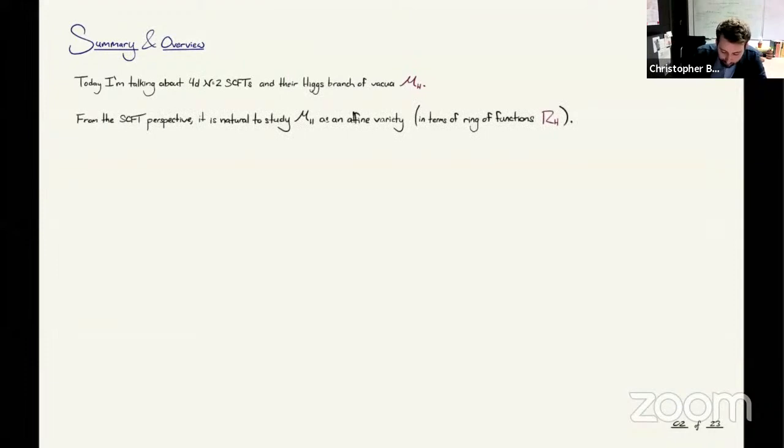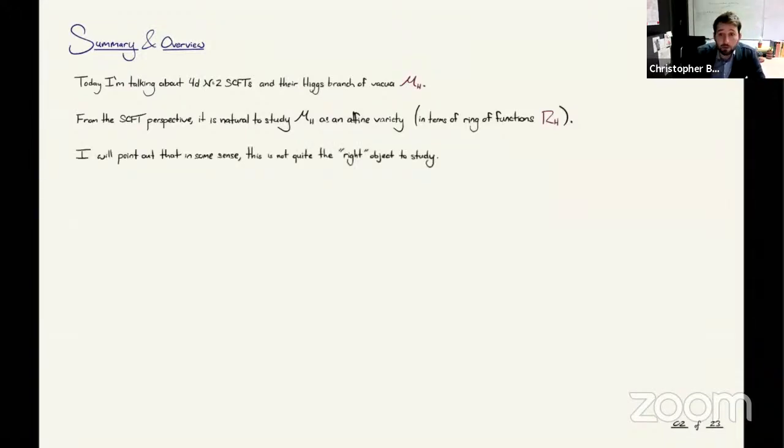So from a superconformal field theory or operator algebra bootstrap perspective, it is natural to study the Higgs branch of vacua and more general moduli spaces of vacua as algebraic varieties in terms of their rings of functions. That's a natural way to study spaces anyway, but it presents itself to you in this way in an SCFT context.